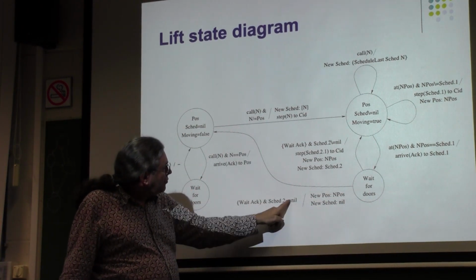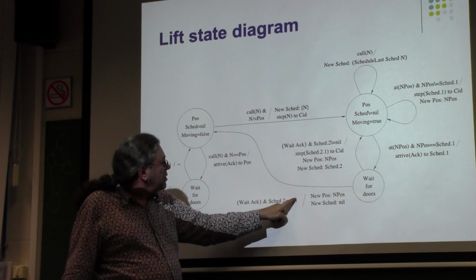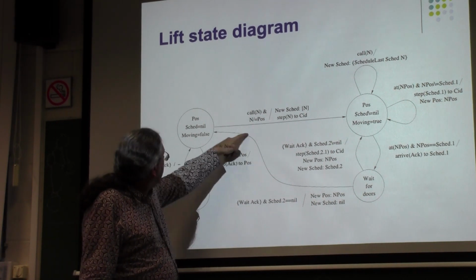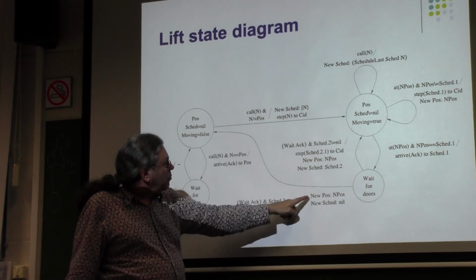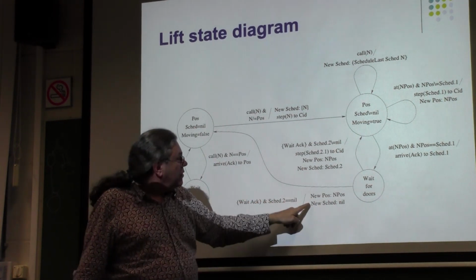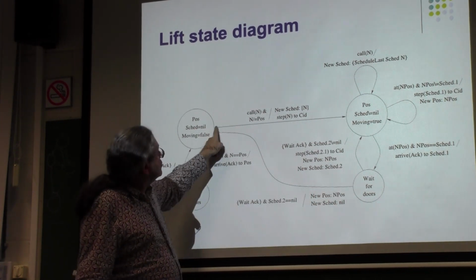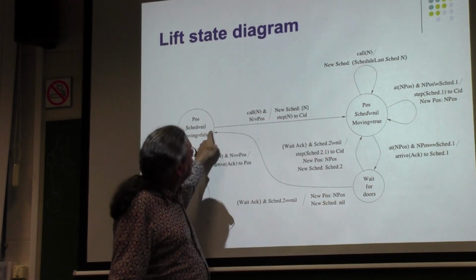If there's nothing more to do, if schedule.tl is nil, then it goes back to the idle state. Right? And the new position will be npos, this new position, and the new schedule is nil again. So there's a basic loop here also, like this.